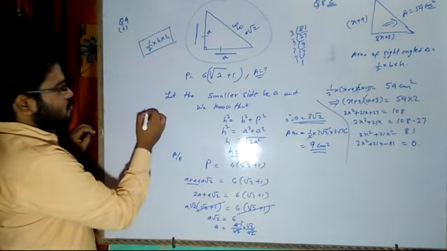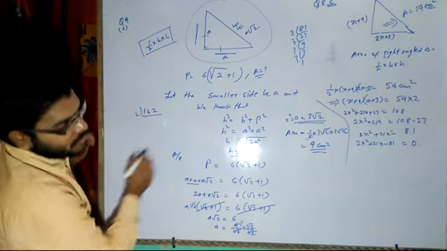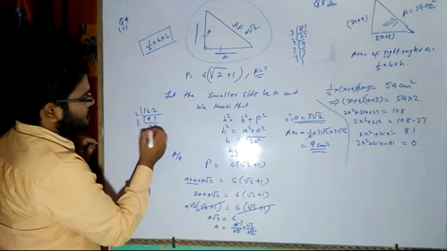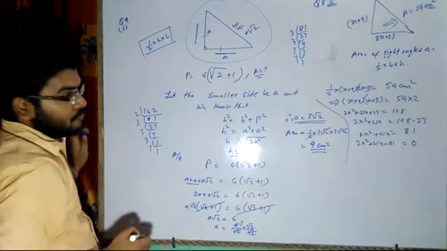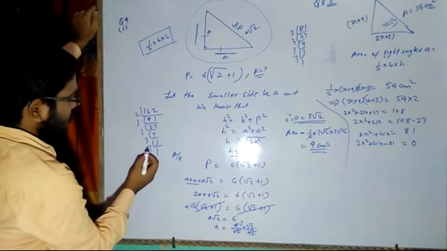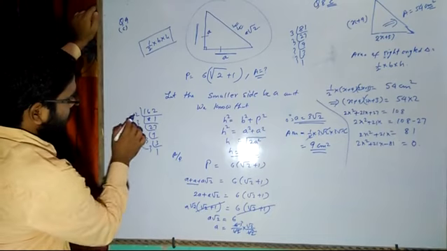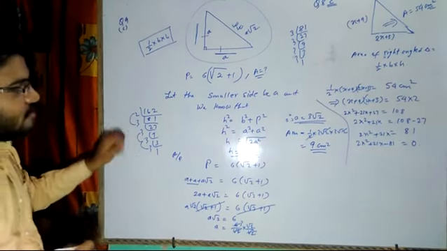So 162 I have to break in such a way that I should get 21. 2 8s are 16, 2 1s are 2, 3 27s are, 3 9s are, 3 3s are, and 3 1s are 3. So 21 I want as the middle term. So 3 3s are 9, 9 3s are 27, 27 minus 6 will be 21.